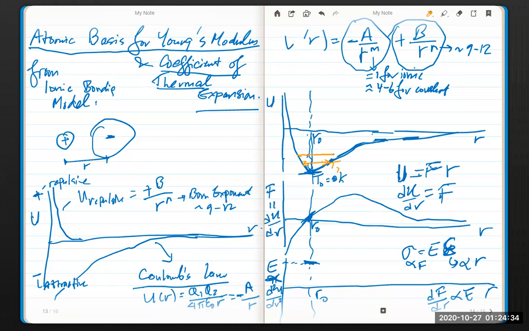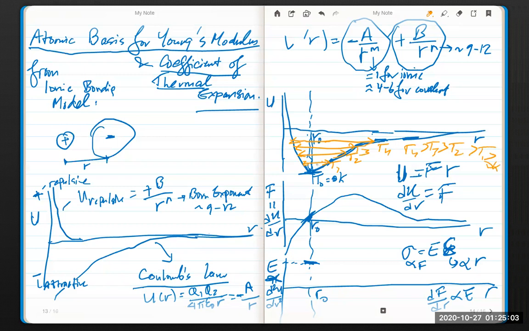At a higher temperature it does this at T2. Because it's not symmetrical, the right-hand side is more than the left-hand side. Then at T3 something like this, and T4 something like this, where T4 is bigger than T3, bigger than T2, bigger than T1, bigger than 0 Kelvin.